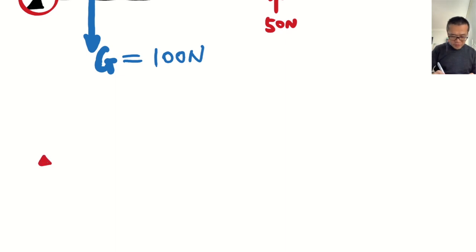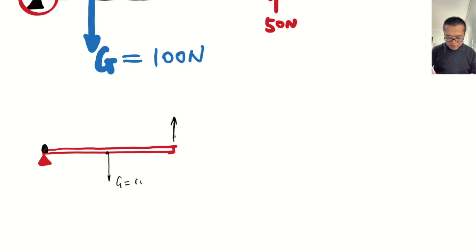So if we go back to this metal bar problem, we still have this metal bar that looks like this. Say I fix the bar at this point and start to apply a force at this point. So if this weight G is still 100 Newton and I apply a slightly bigger force to deform the bar, this bar will start to move, right? But it doesn't move like this pen just turning this way.